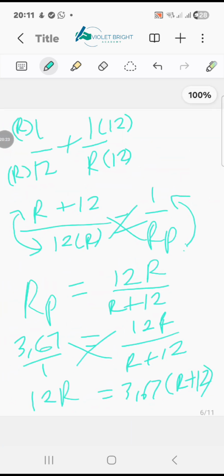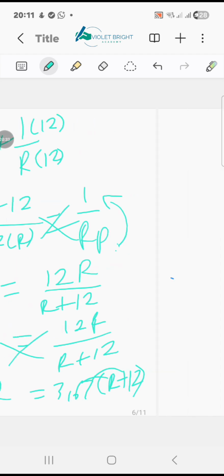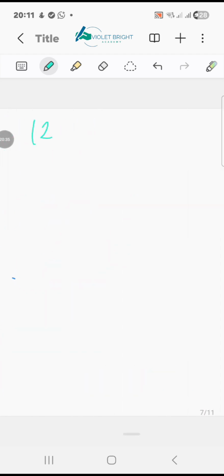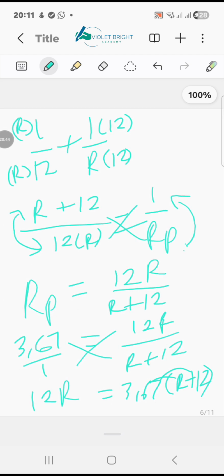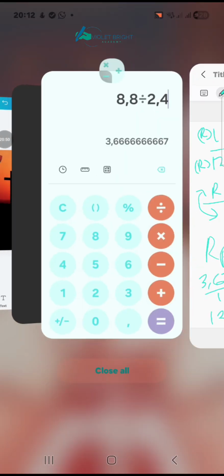So now 3.67 times r is 3.67r plus, here we have to expand. So the answer will be 12r is equal to 3.67r plus 3.67 multiplied by 12. Let's use the calculator quickly.